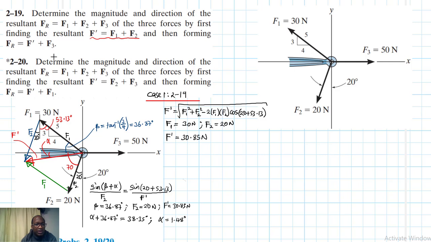It's important, we need it. So let's look at F prime. F prime is 30, then F3 is 50. So F3 is going to be a little bit longer when we draw our parallelogram. That is very vital to remember. So F3 is 50, it's longer than F prime. So when we draw this, now we are drawing the second parallelogram.